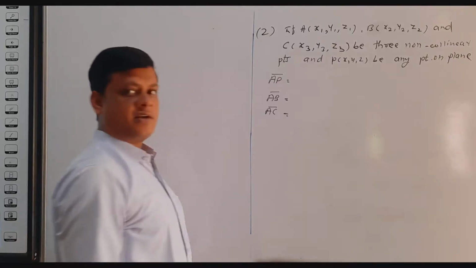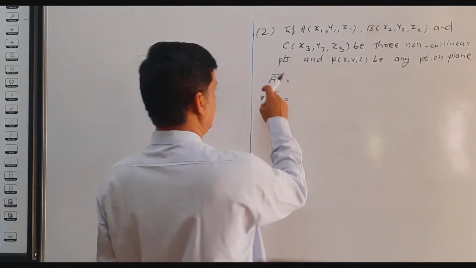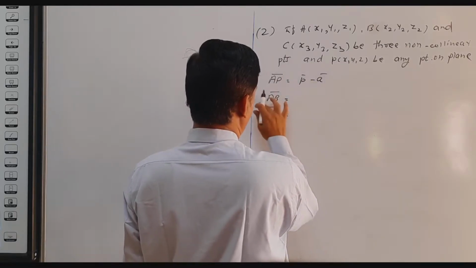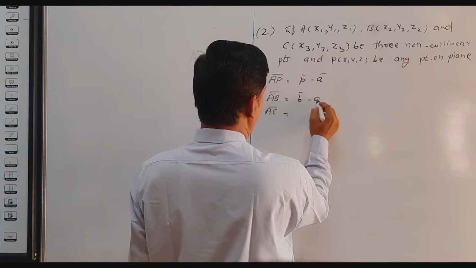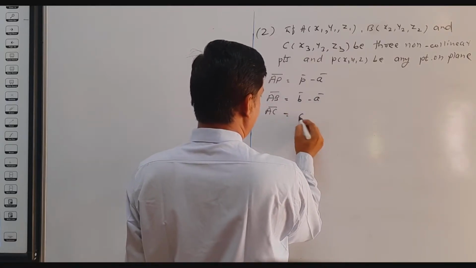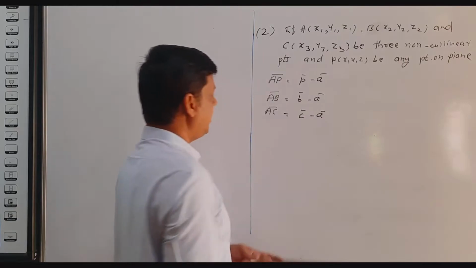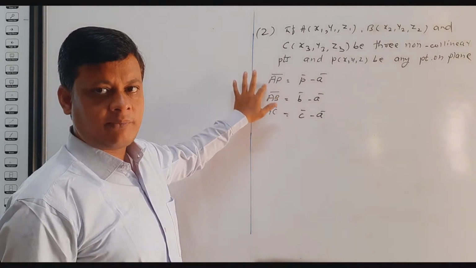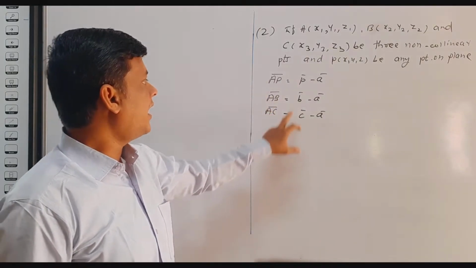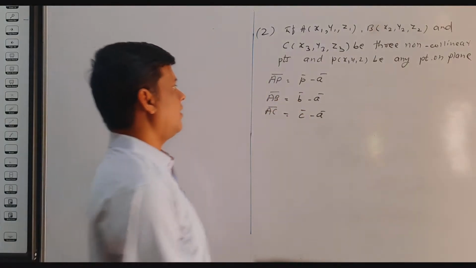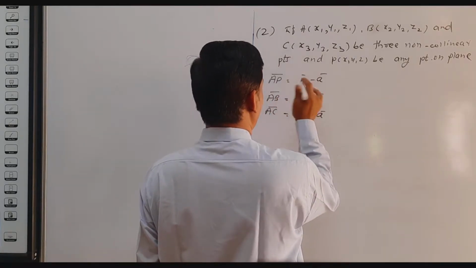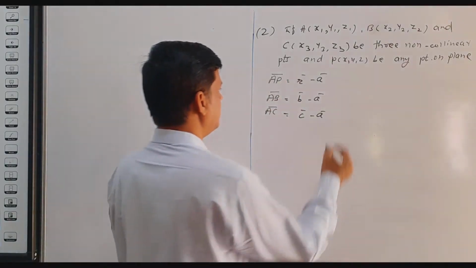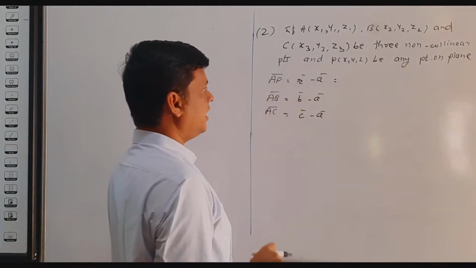Now these three vectors are coplanar, so we write vector AP as R bar minus A bar, this vector AB as B bar minus A bar, and this vector AC as C bar minus A bar, if small a, b, c are the position vectors of the points capital A, capital B, capital C, and this small p bar, or you can write this as R bar, is the position vector of this point P. Then from this we can calculate the value of vector AP.